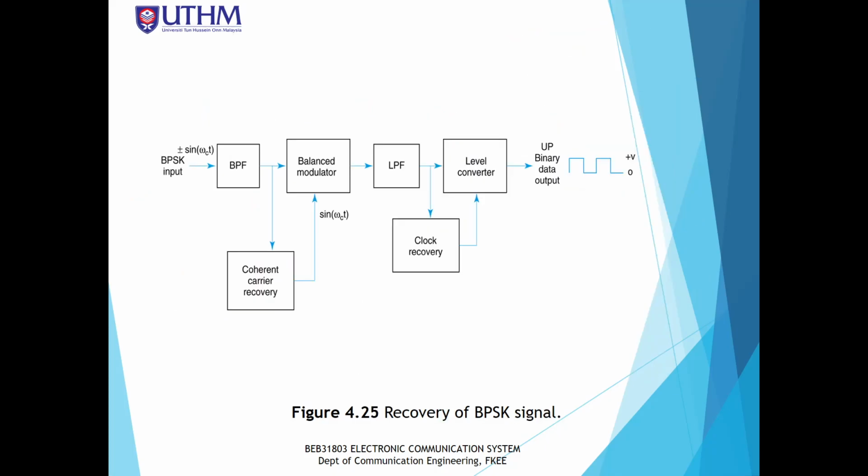So the receiver now receives the PSK. The receiver receives either a positive sine or a negative sine. If the input is a positive sine, we know that it is actually logic 1. If the input to the receiver is a negative sine omega ct, we already know that it is a logic 0 input.